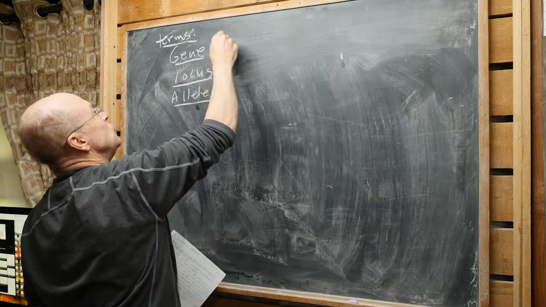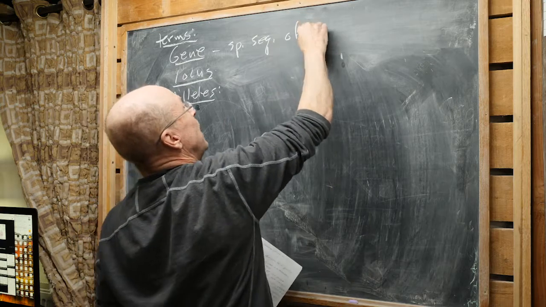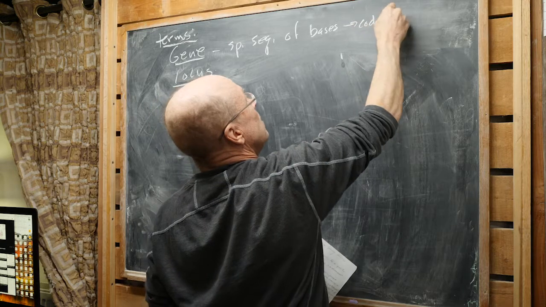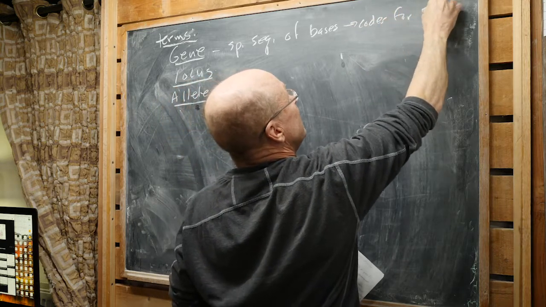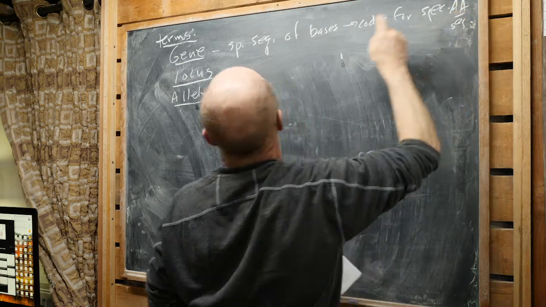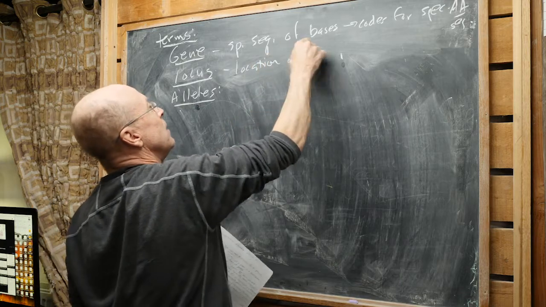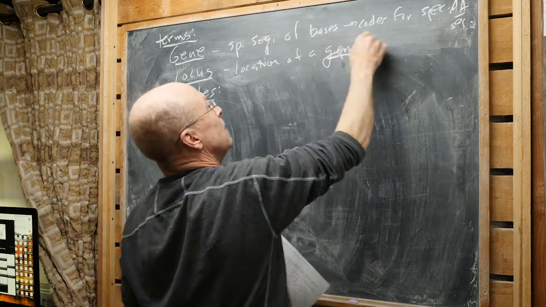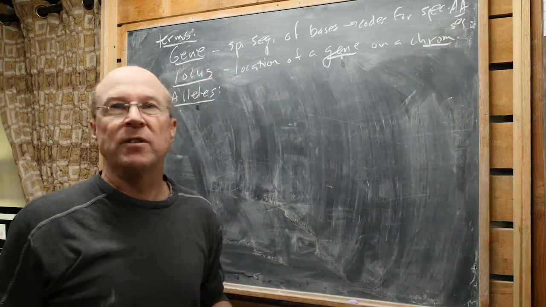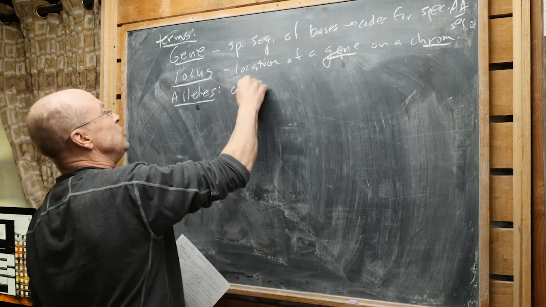But remember that a gene is a specific sequence of bases, and this codes for the specific amino acid sequence. A locus is the location of a gene on a chromosome. Alleles are alternate forms of genes.